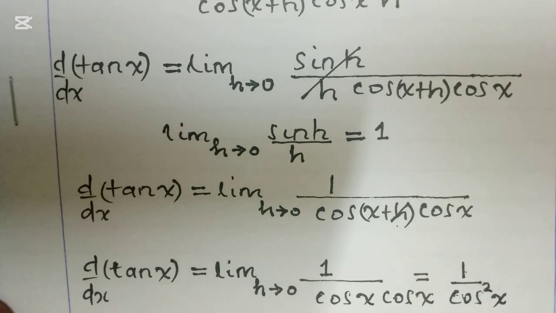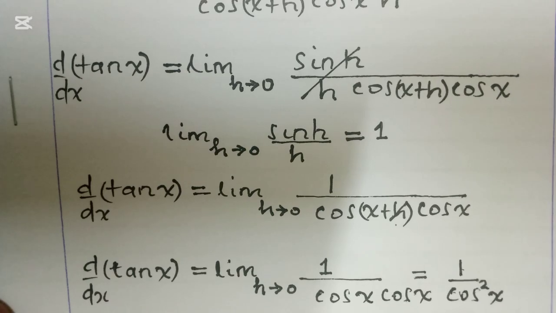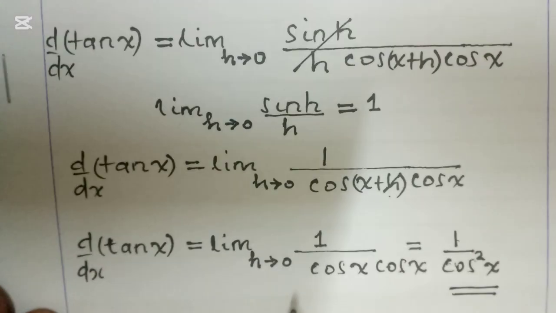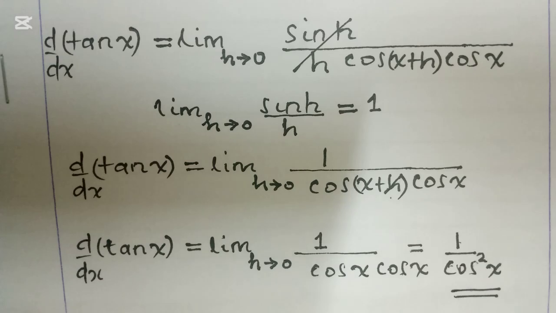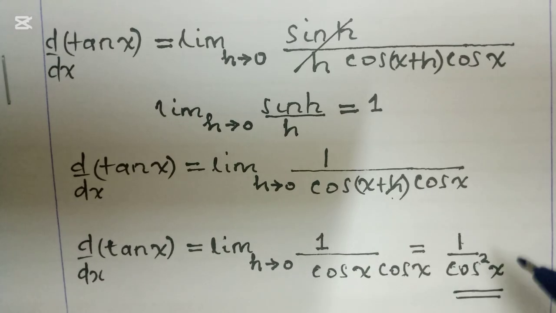And 1 over cos squared x is the same as secant squared x. And so, guys, this is our solution.